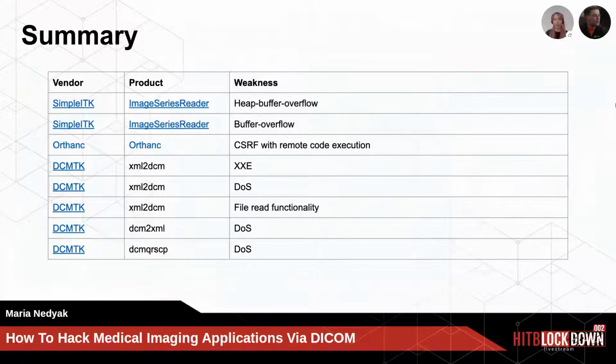The DICOM tools contain basic vulnerabilities like CSRF, XXE, insecure functionality which allows you to execute code on a remote machine, and also buffer overflows, heap buffer overflows, and a lot of DoSes. And all of these vulnerabilities can influence the whole machine learning pipeline and its result.